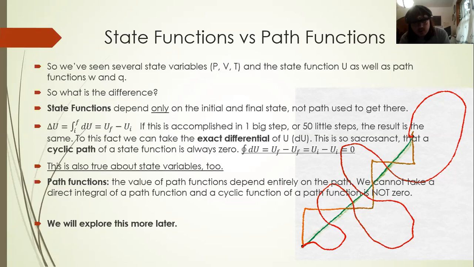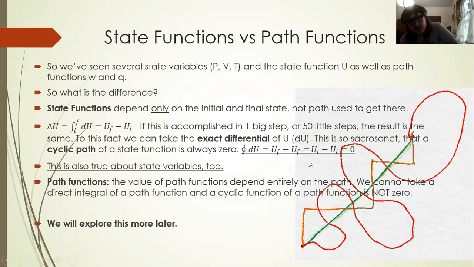That's so sacrosanct that for a cyclic path, a state function is always 0. A cyclic path is if you go from the initial step to the final step and back to the initial step, you go back to the initial start, you get 0 change.